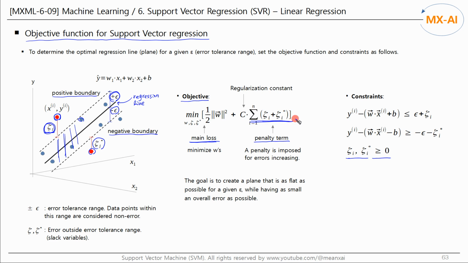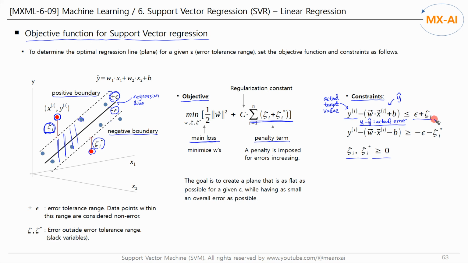Now let's create the constraints. Y is the actual target value, and this part is y hat, the predicted y value. Y minus y hat is the actual error. The actual error should be less than epsilon plus zeta.